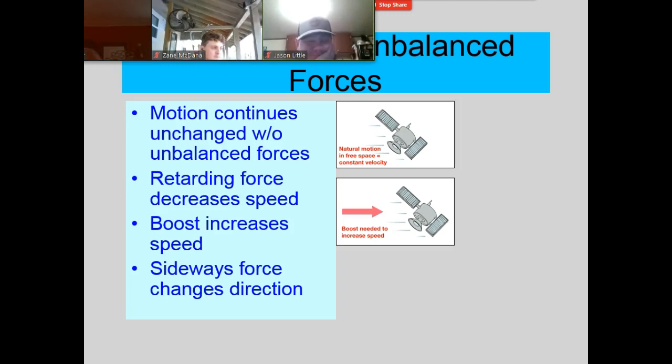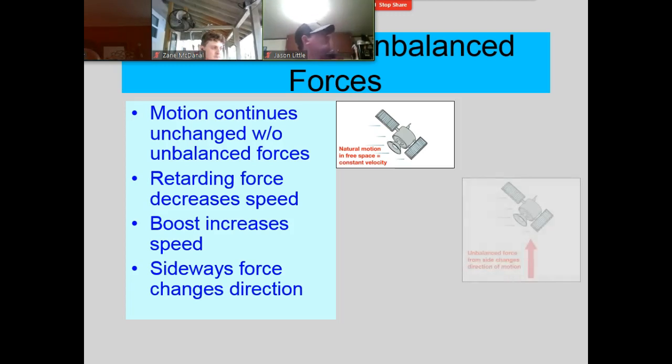However, you could have the force perpendicular to the motion, and that's not going to change the speed at all, but it will change the direction. And if you recall, velocity is a vector quantity. Anytime you change direction, you're also changing the velocity. And a change of velocity is an acceleration.